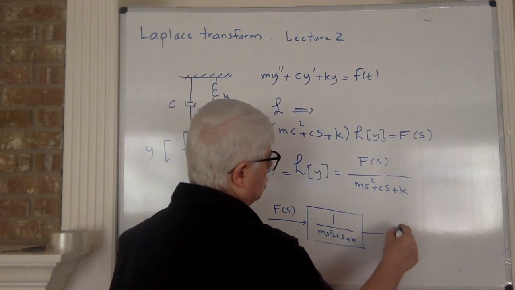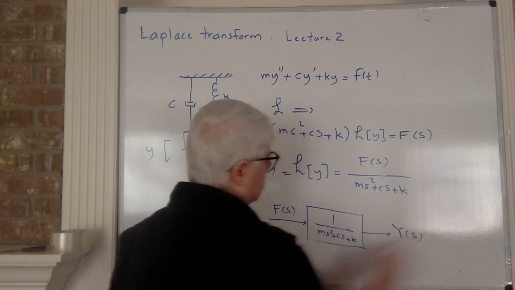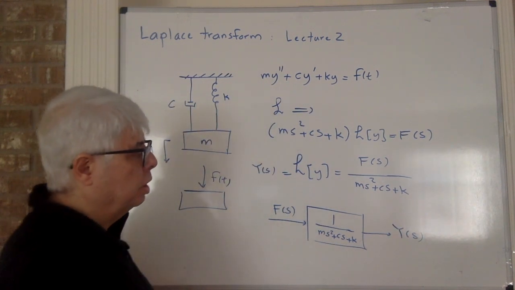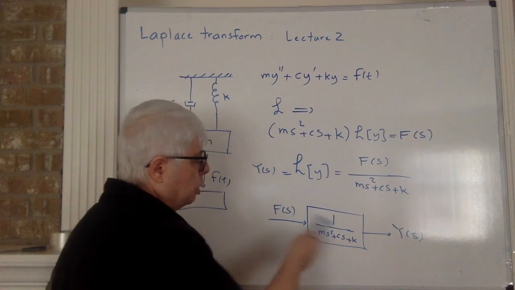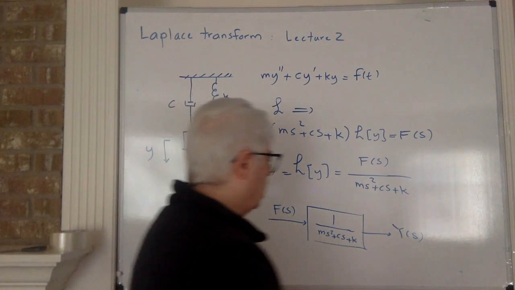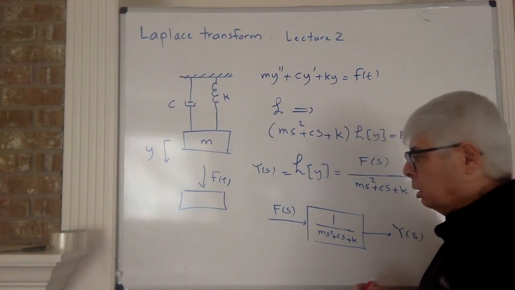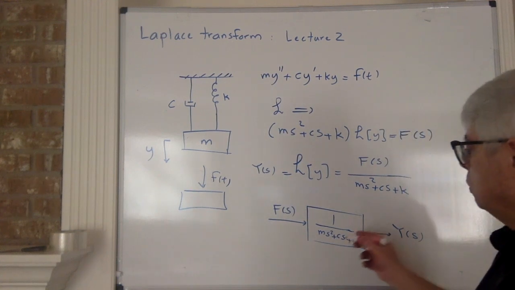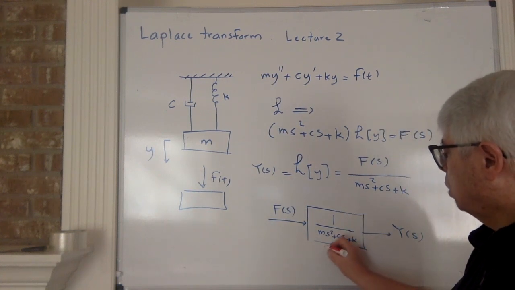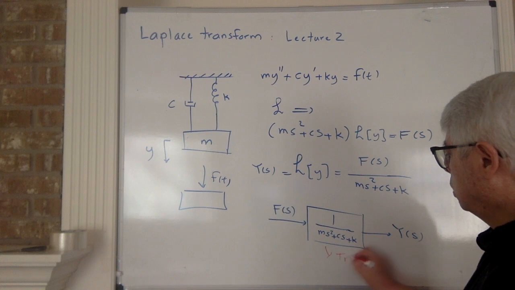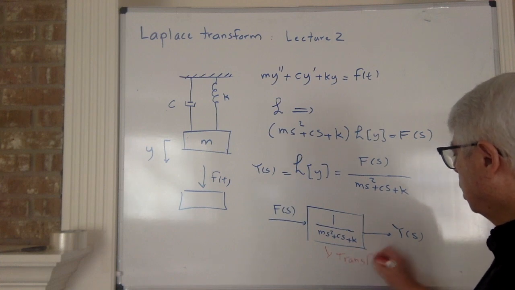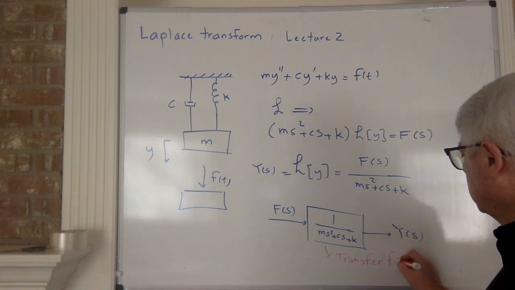And the output is Y(s). And the interesting thing is that the Y(s) equals this times this. In the language of, say, systems, say control systems, for example, this is called a transfer function.